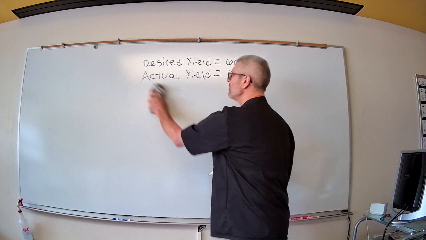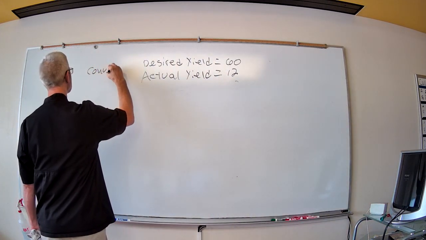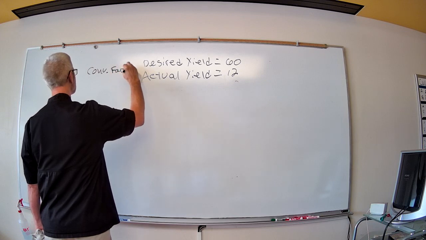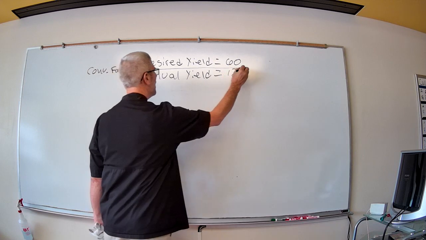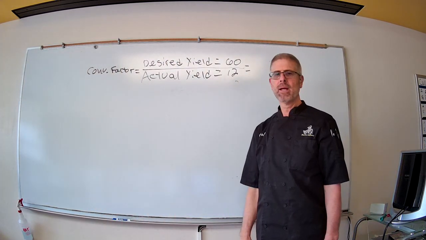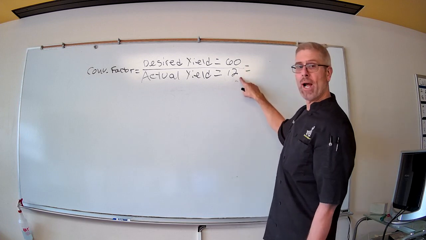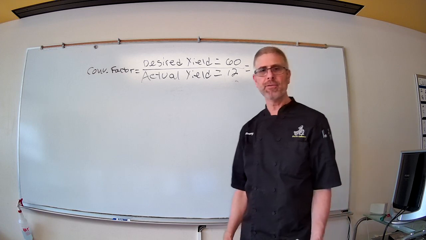How you get the conversion factor is the desired yield over the actual yield. So what's 60 divided by 12? It's 5. So the 5 is our conversion factor.